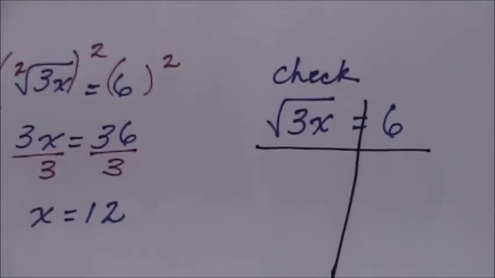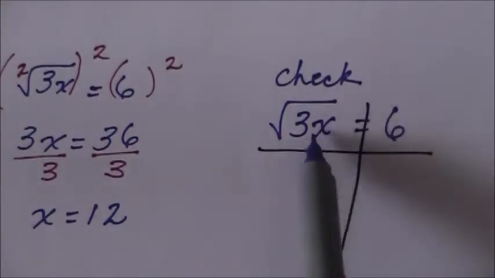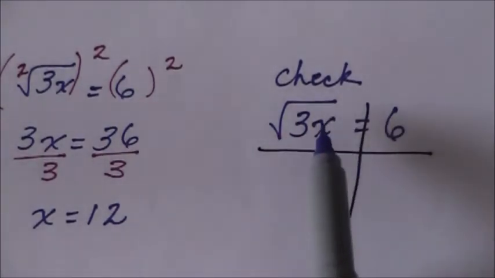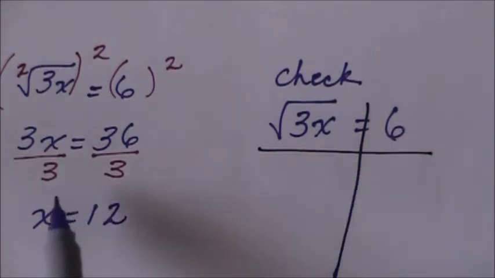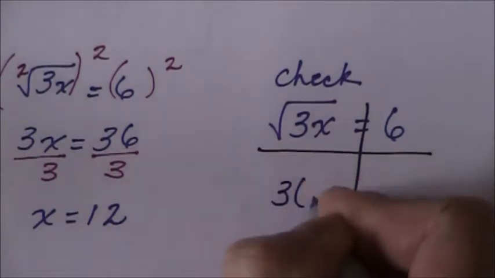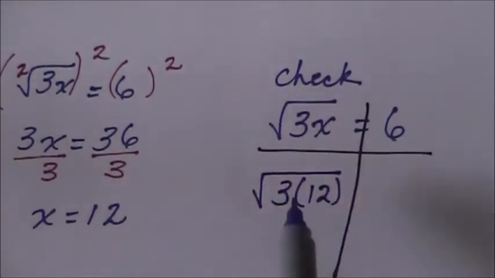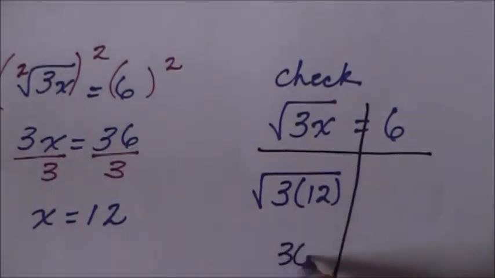As we go to look at this, anything that's on the left-hand side stays on the left-hand side, anything on the right-hand side stays on the right-hand side, and our goal is hopefully to have the two sides equal. So this x we're going to replace with the value that we figured out x was, which was 12. So we're going to have 3 times 12 under our square root sign. 3 times 12 is 36.